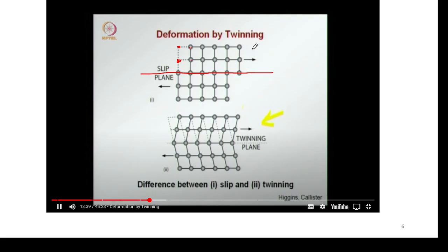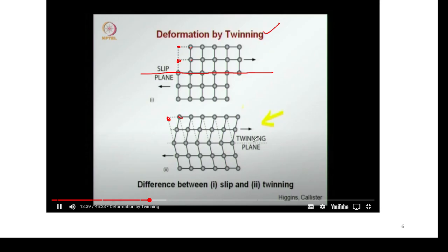However, a different type of movement is also possible in some materials, called twinning. So what is twinning? In that, slip doesn't occur, but the whole set of atoms is shifted from the previous position to a new position. Let's say this was the previous position, now the new position happens, and everything is shifted.